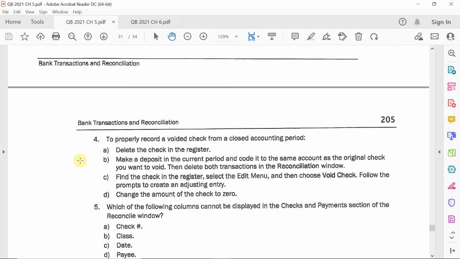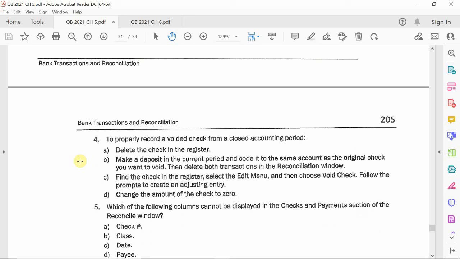Number 4, to properly record a voided check from a closed accounting period. C. This one's straightforward, right?